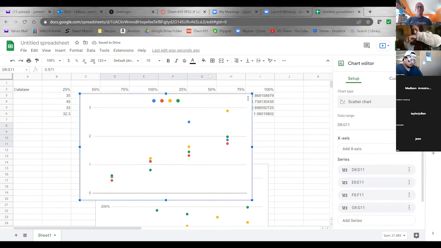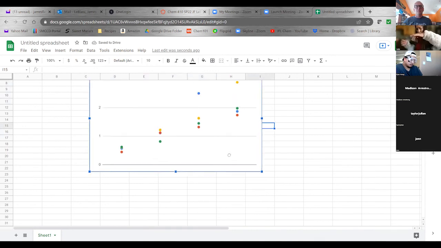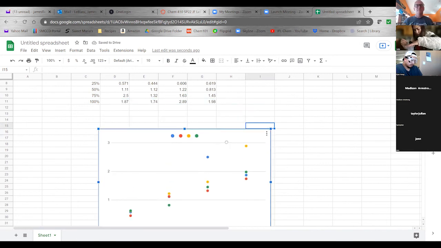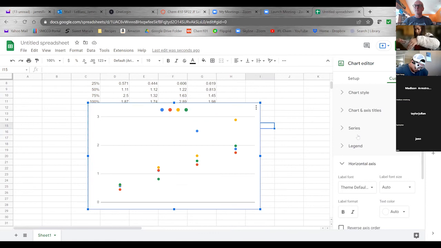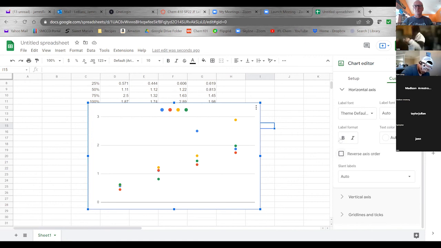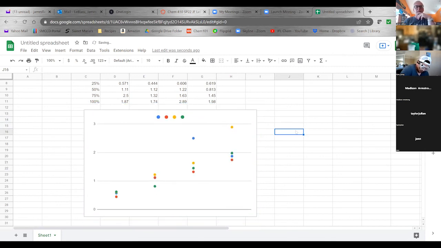All right, that's what we want. So you can see here that there is a very nice correlation between the concentration and the rate.